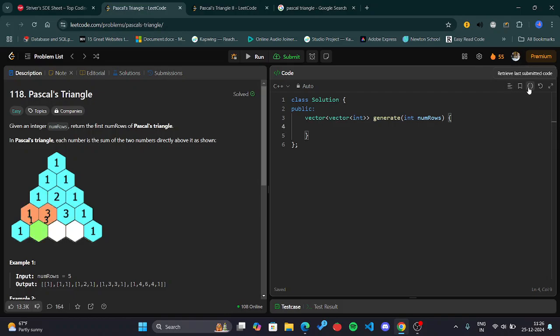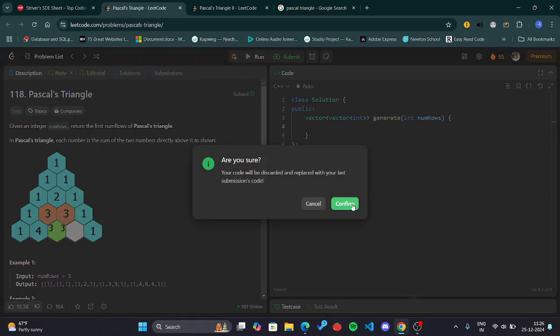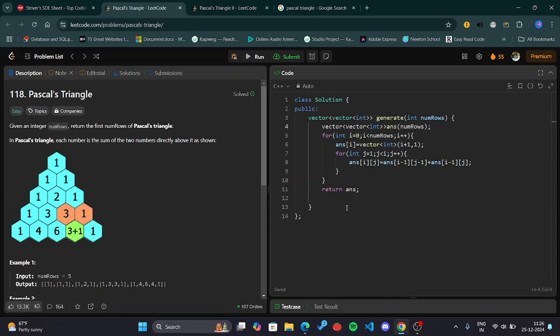Okay, so let's retrieve the last submitted code. I've taken a vector as it is taken here, and then of course numRows, and the answer, the final answer, which will have this. It's a vector of vectors, see, vector and then vector, that's why I've taken it like that.